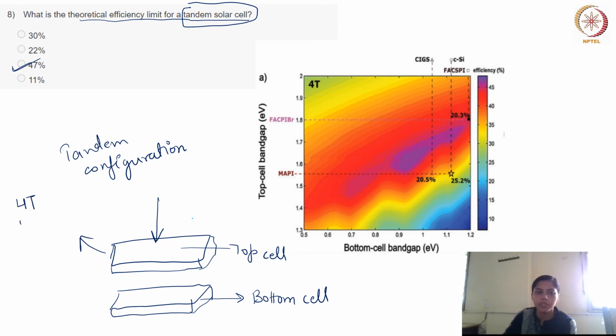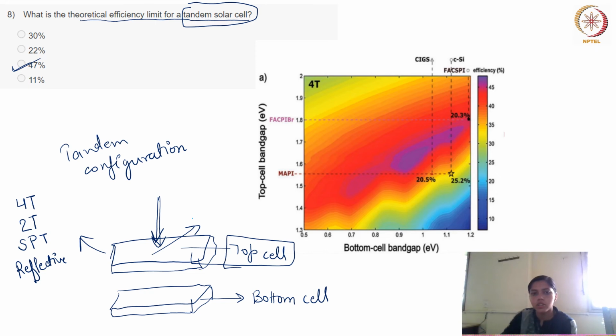It can be 4 terminal, 2 terminal, SPT configuration, and even reflective configuration. So what amount of light is absorbed by the top cell, and what is not absorbed is transmitted through the top cell to be absorbed by the second solar cell.